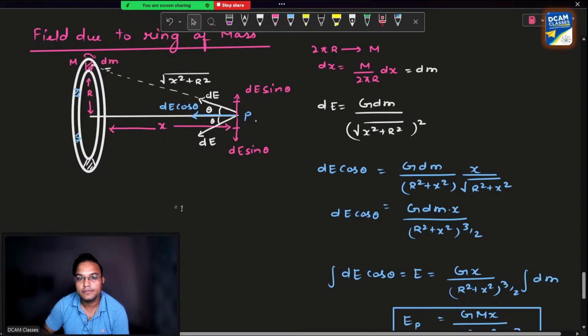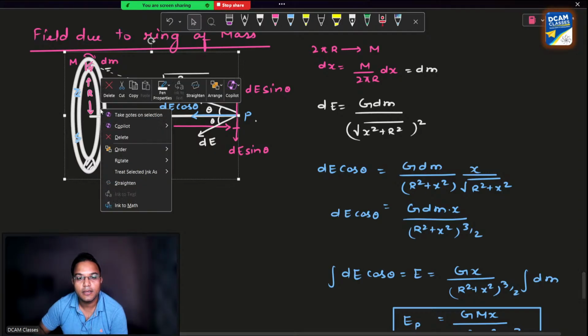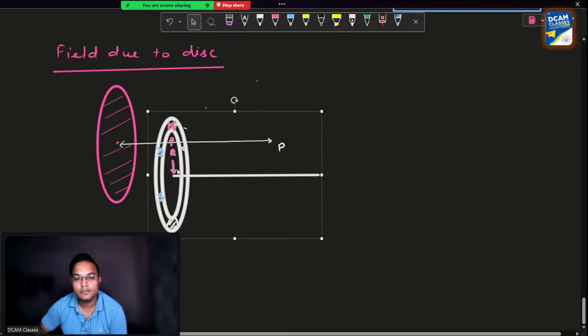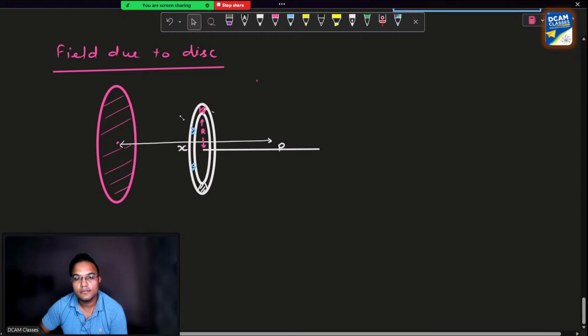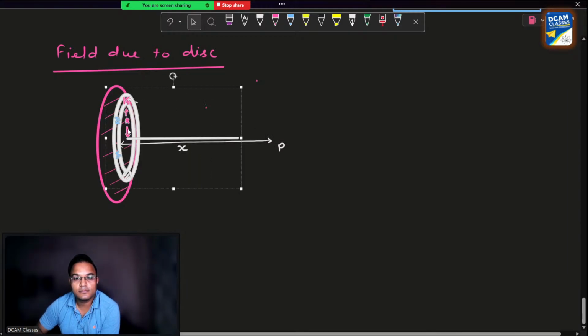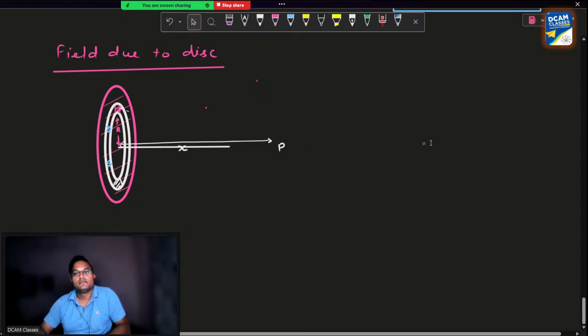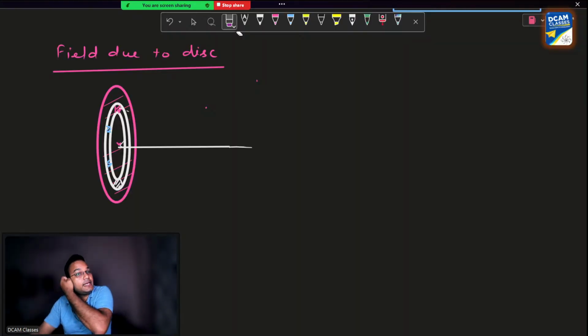Now, what I'm going to do here, I'm going to assume rings. ठीक है दीवा, मैंने यहाँ पर इसको फील्ड निकालने के लिए रिंग लिया.